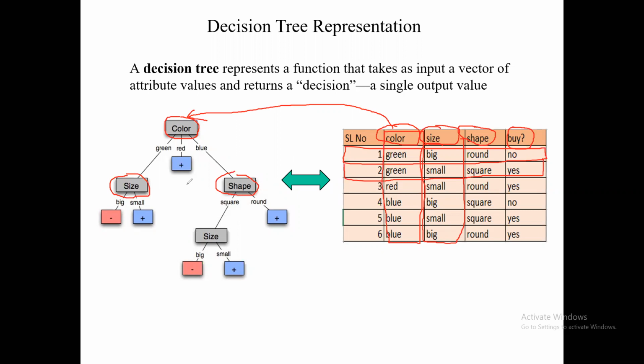Lastly, there are the leaf nodes, which actually contains the decisions that the decision tree has made. So for example, this is a leaf node, this is a leaf node, and these contain the decisions or the labels that has been formed based on the values of the attributes in the dataset.